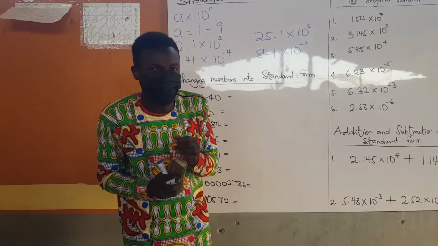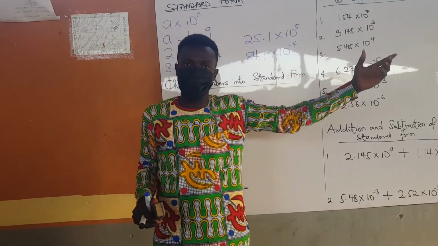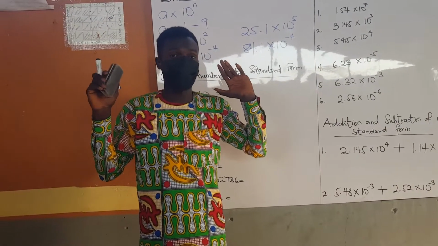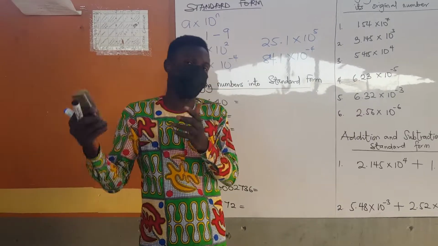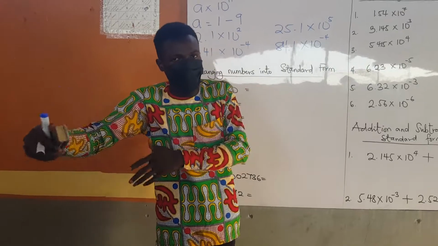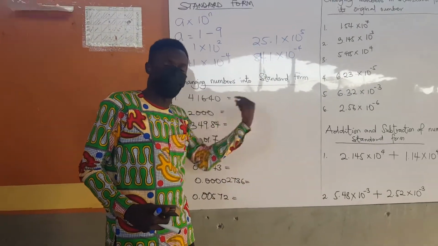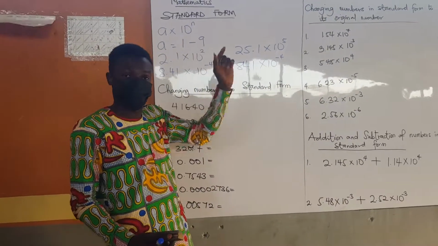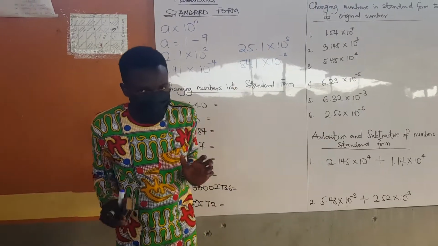Because we can't get it, we say that 84.1 times 10 raised to the power negative 4 is not in standard form. If the number that comes before the decimal point cannot be located from 1 to 9, we say that number is not in standard form.